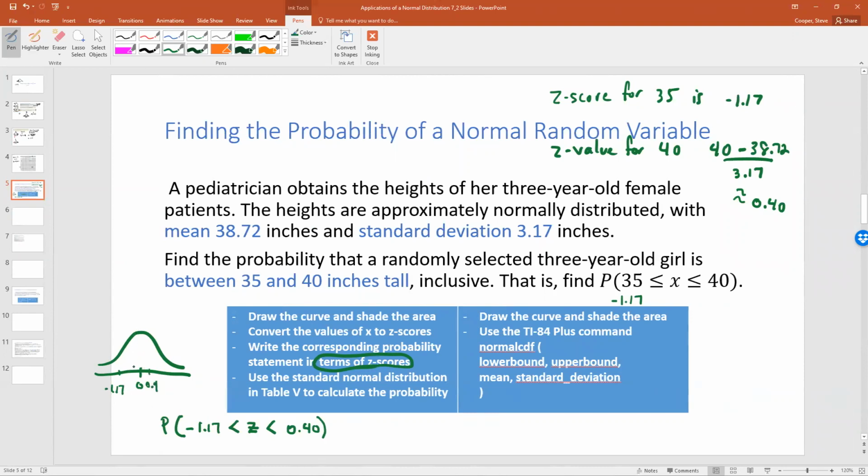I don't know if you can see that, but that's really wicked. Okay, and then what I'm interested in is that area there.